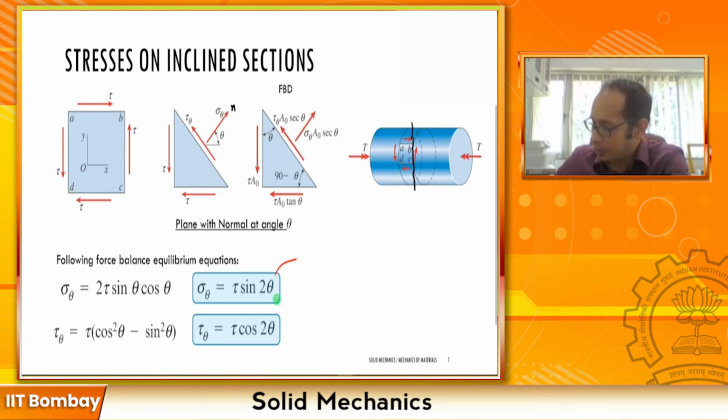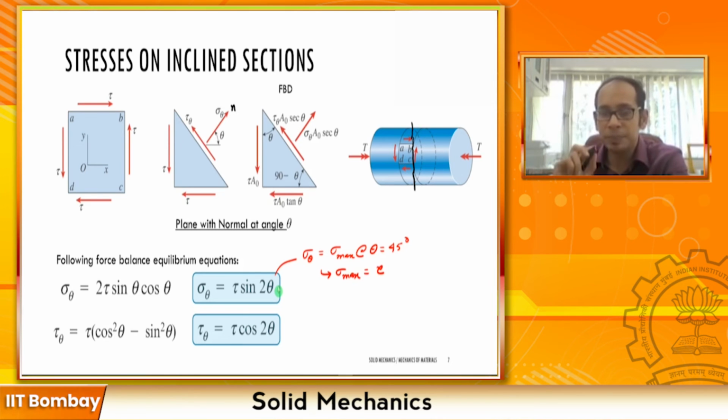So maybe let's just write it over here. Sigma theta becomes equal to sigma maximum at theta equals 45 degrees. So what happens at 45 degrees? If I put 45 degrees over here, sigma max becomes equal to tau.